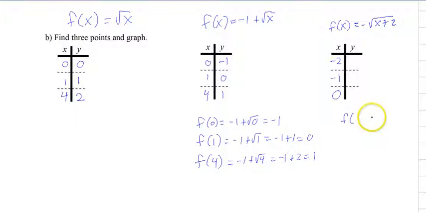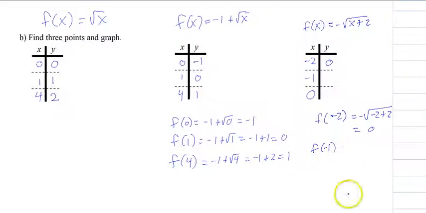Okay, f of negative 2, that's 0. Now we do f of negative 1. Let's give ourselves some more space. That's negative square root of negative 1 plus 2, which is negative square root of 1, which is negative 1.